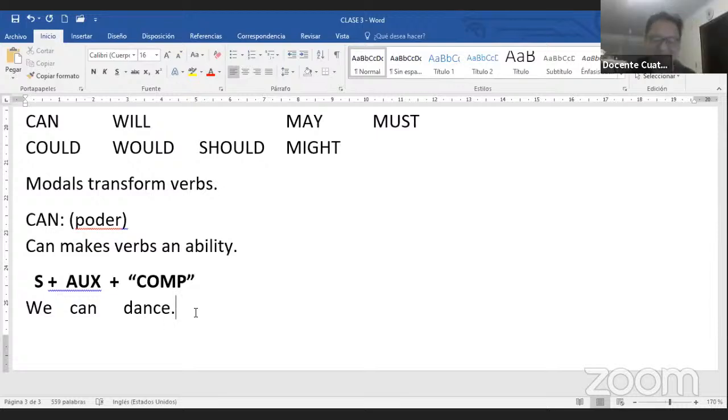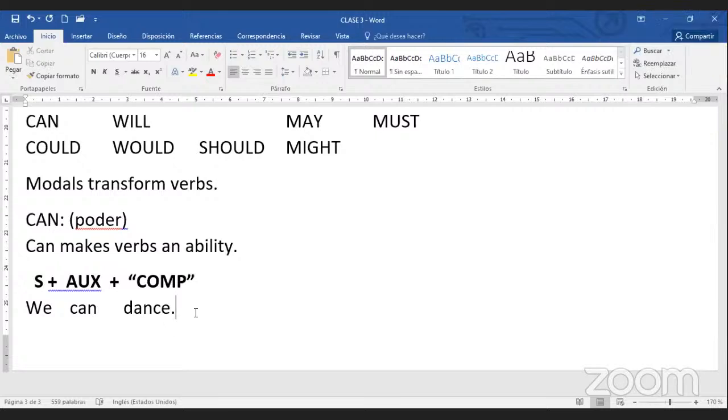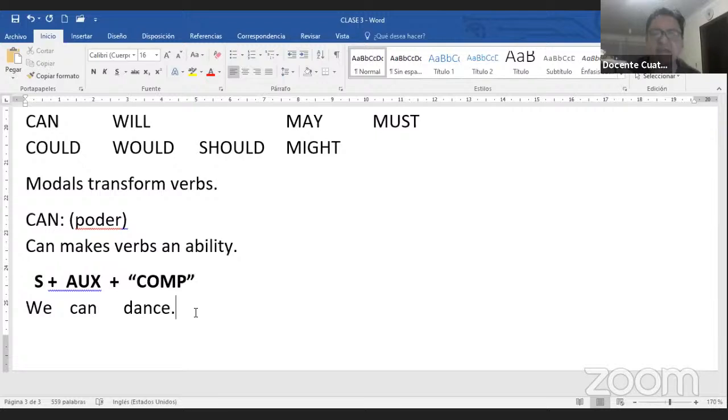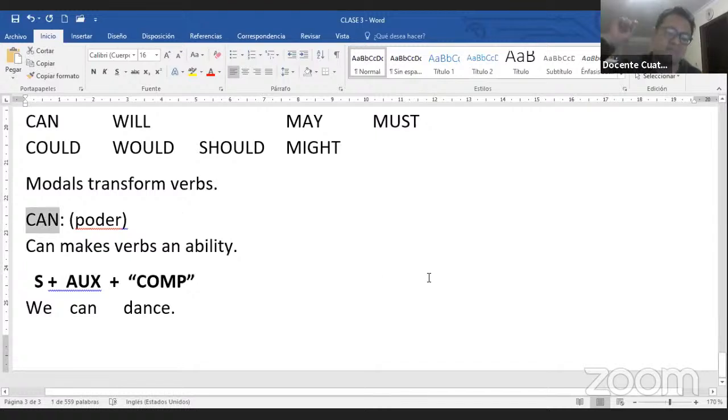Sirve, pero no es la traducción. Es la palabra en español que nos ayuda a entender can de la manera más sencilla. En pocas palabras, poder en español es verbo. Yo puedo, tú puedes, él puede, nosotros podemos, ellos pueden. El verbo poder no existe en inglés. Si quieren saber si alguien sabe inglés, le preguntan, oye, ¿y qué significa can? Y si les dicen poder, mal.